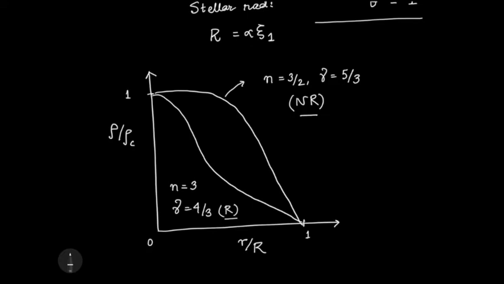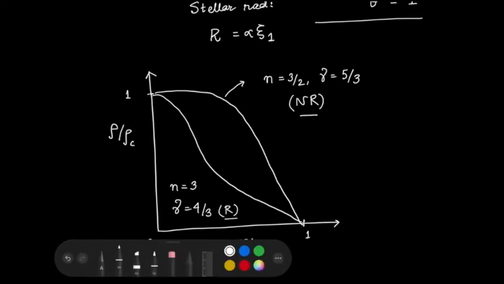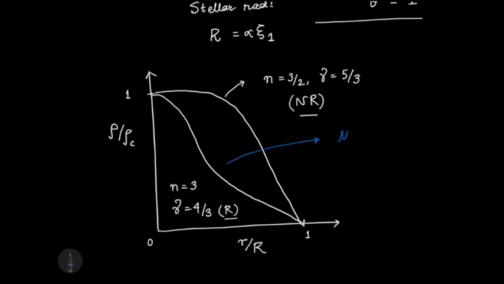On the other hand, at r equals capital R, both of them go to 0. The density obviously, beyond this radius of the star, there is no density. We observe that in the relativistic case, more mass is at the central part of the star.